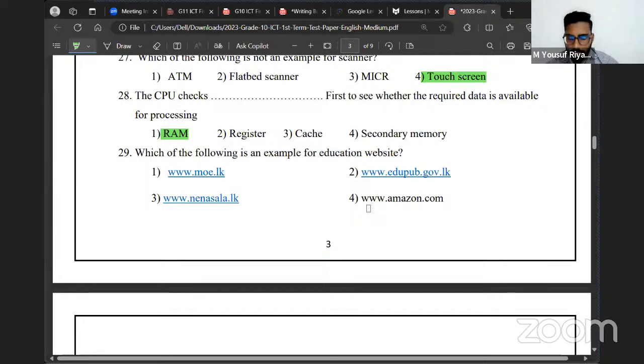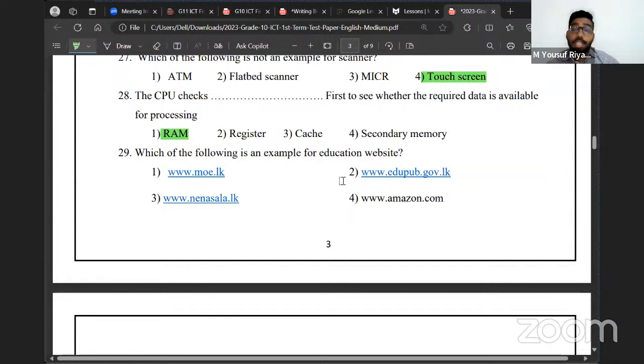Cache and RAM are different. Cache memory stores the frequently used data, and when it's processing, it takes the data from the RAM. It doesn't take the data from the cache memory.